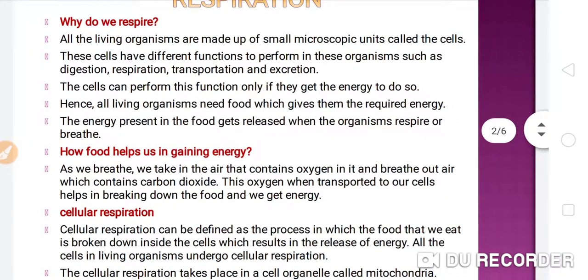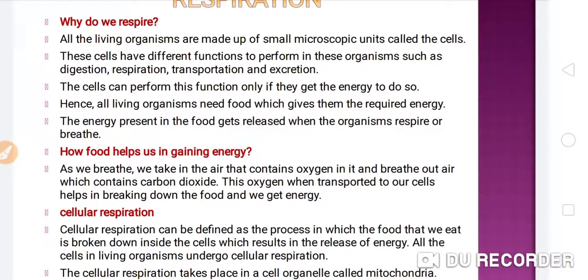So the energy which is required for all these processes to take place inside our body, from where are we getting it?